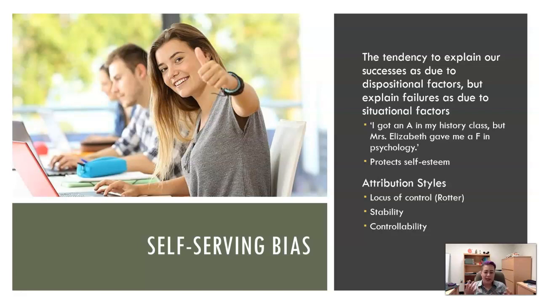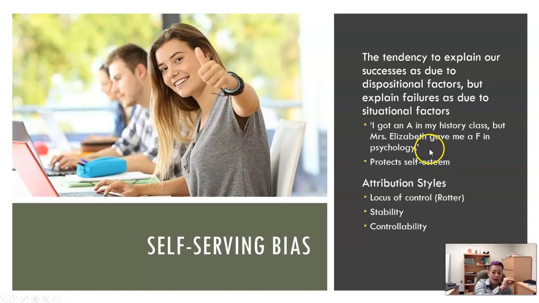Sometimes we do different things with our locus of control, that's Julian Rotter. Stability and controllability, we attribute behaviors and results and circumstances based on traits that we have, other internal or external factors influencing it. So the wording I hear is, I got an A in my history class.